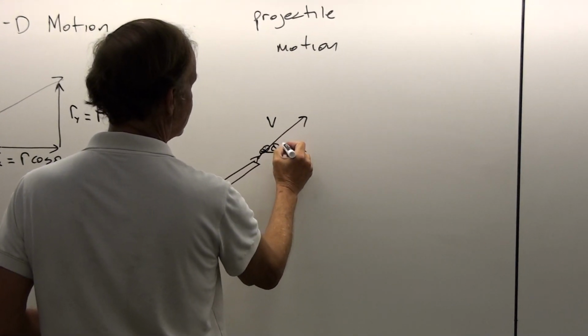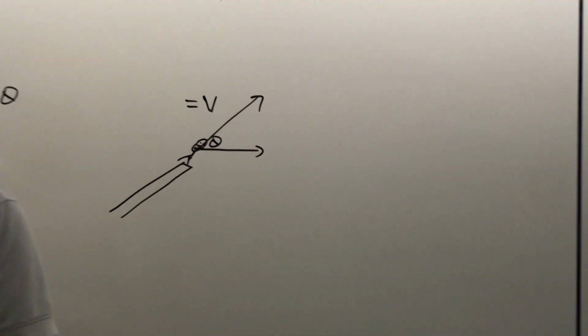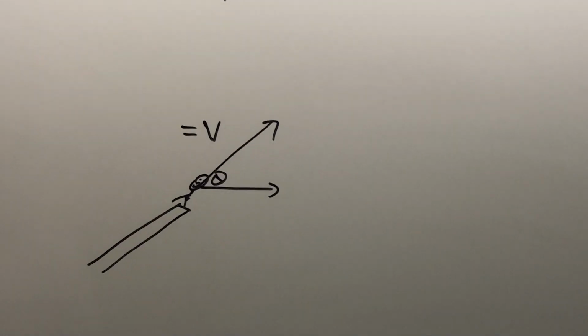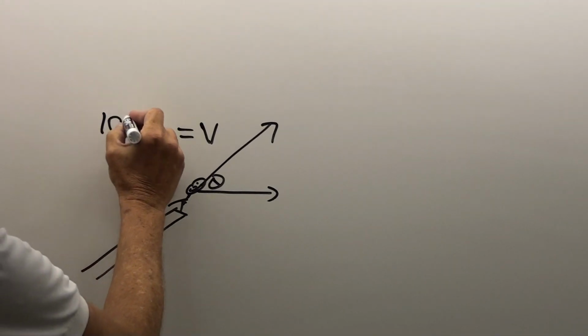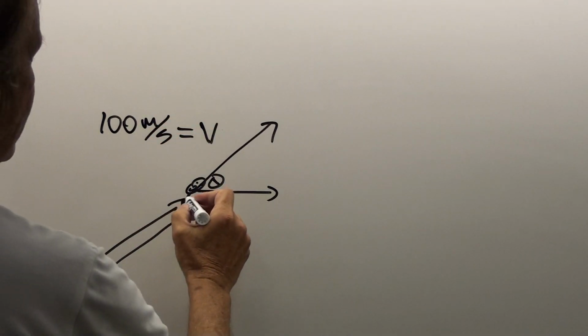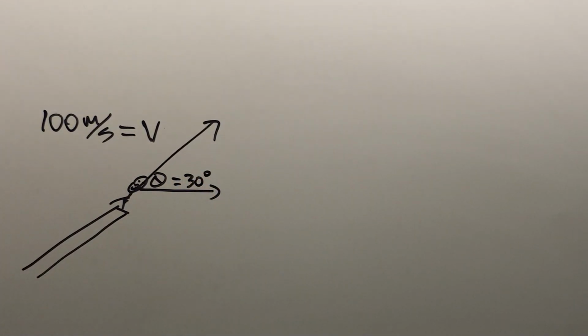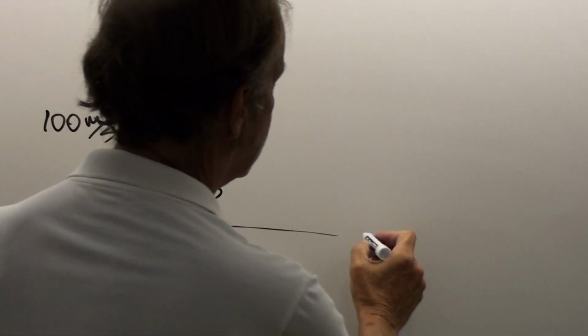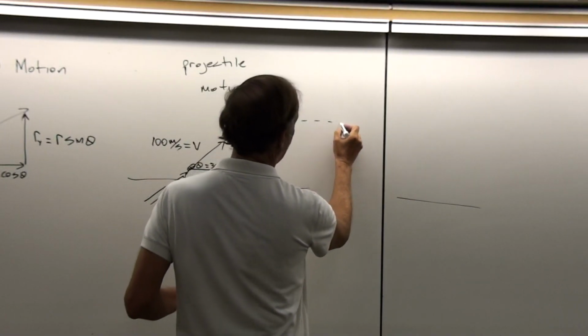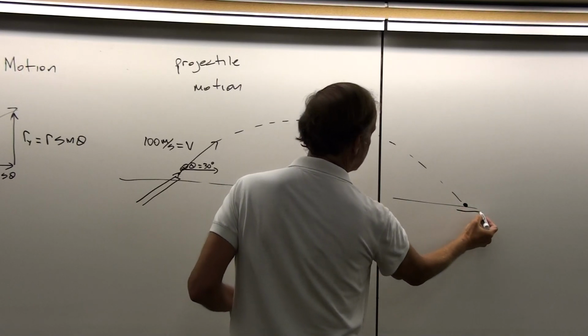Let's say in this case, the velocity that the clown is fired is 100 meters per second and fired off at say a 30-degree angle to the horizontal. Okay, so if that's the case, let's say that the clown moves along what we'll see is a parabolic path and then eventually lands at some distance away.